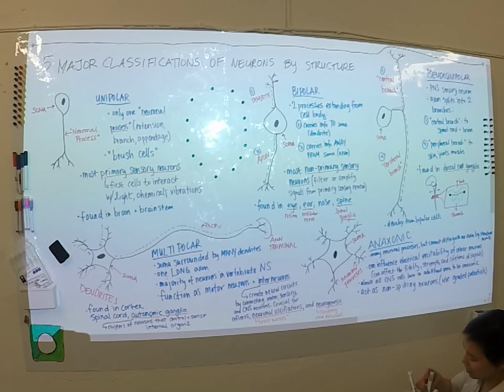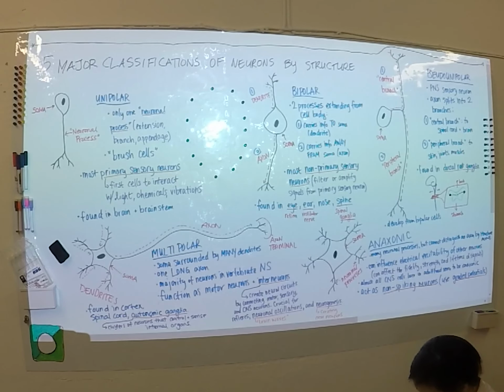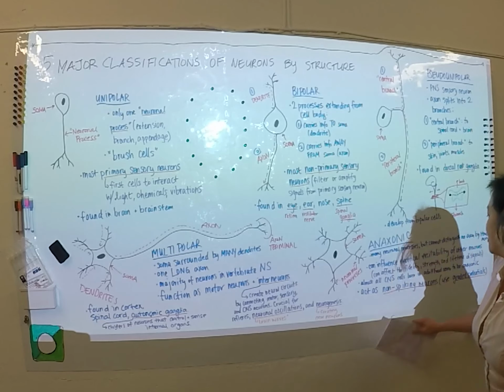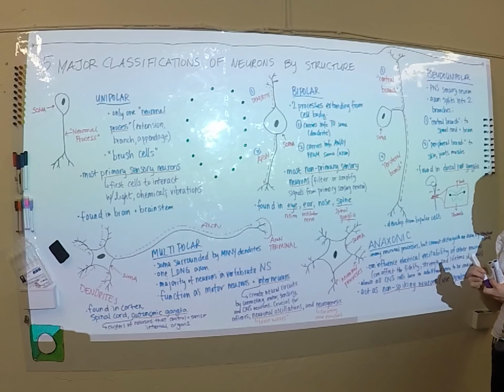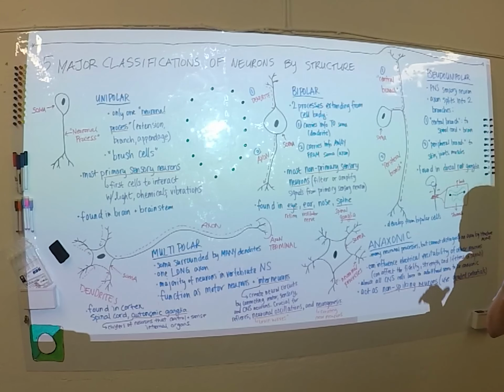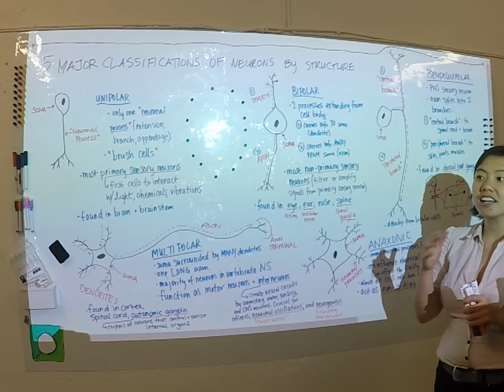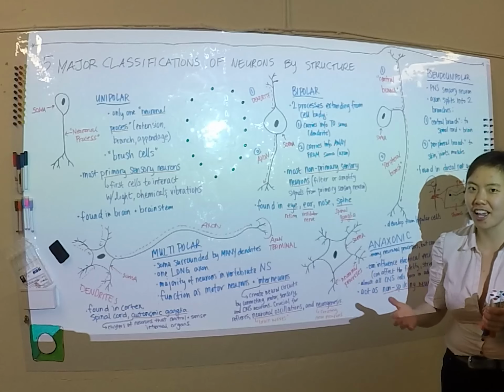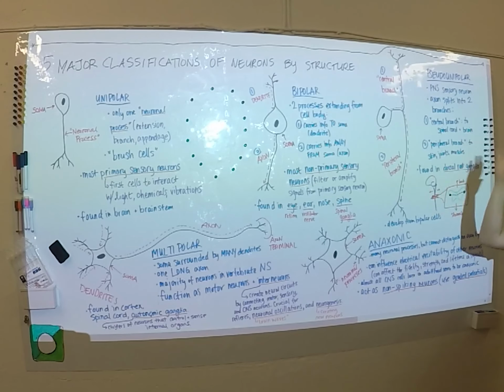Don't worry, we're going to define all of them. Okay, so non-spiking neurons that use graded potentials. Okay, so these two we're going to get to later when we talk about the different kinds of electrical activity that neurons can experience. Okay? So these are the 5 major classifications of neurons based on their structure.